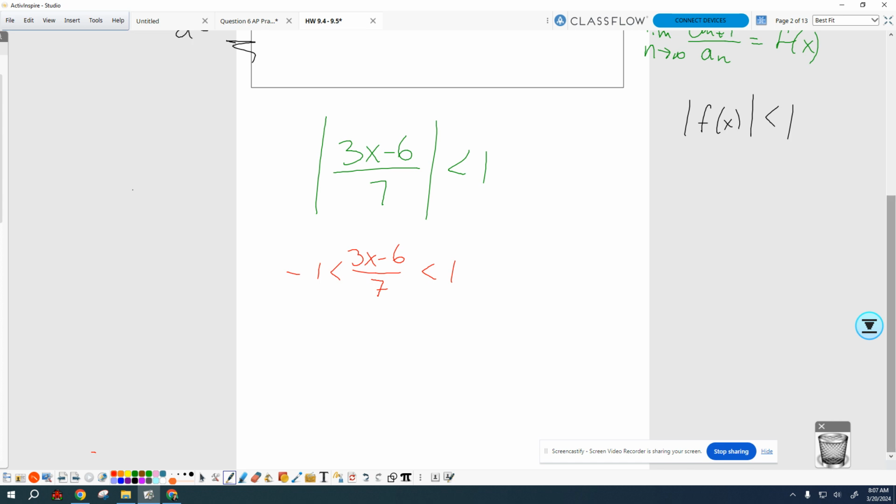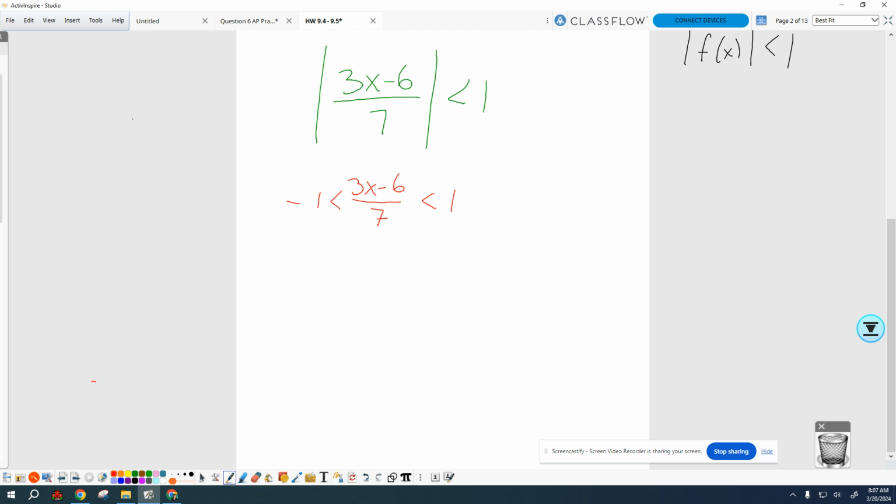Some of you don't do that step, and you multiply by the 7 and then drop the bars, and I found half of you that did that never put the left side back. Sean, what do we do? Multiply all the pieces by 7. So -7 less than 3x minus 6, which is less than 7.